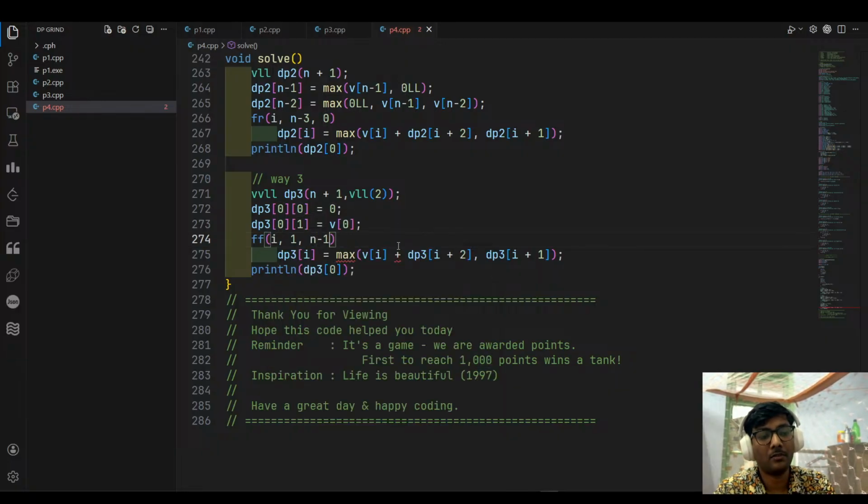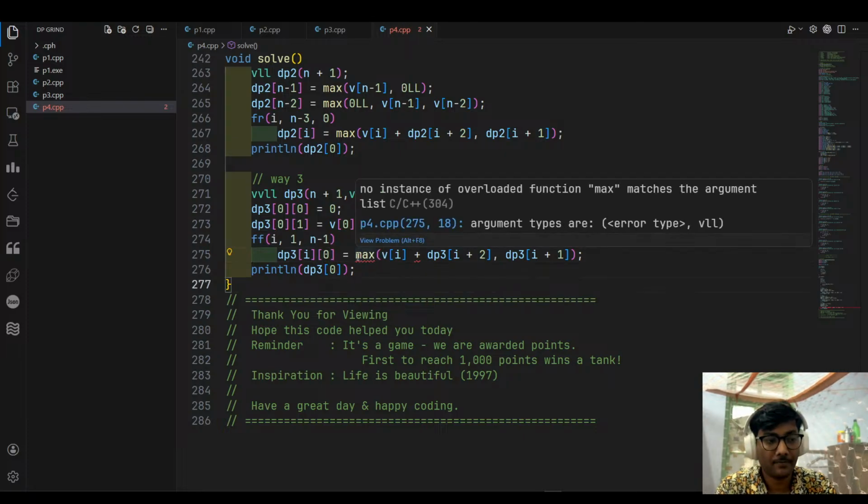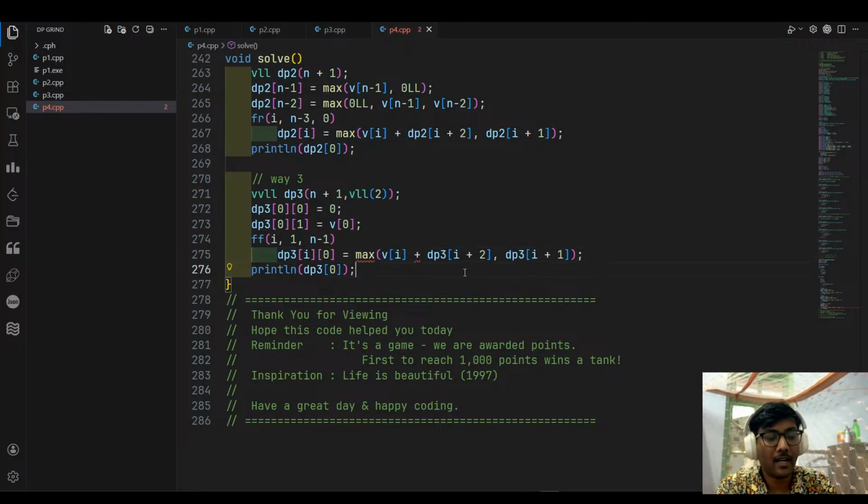So only these two definitions are enough. So dp3 of i and 0, if I've decided not to pick up this ith element, that means I can either go dp3 of i minus 1 of 0 or i minus 1 of 1.